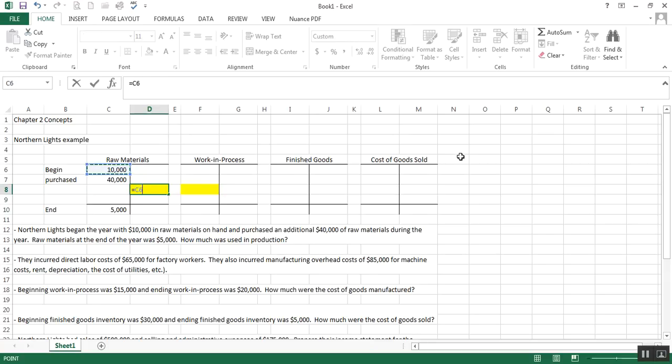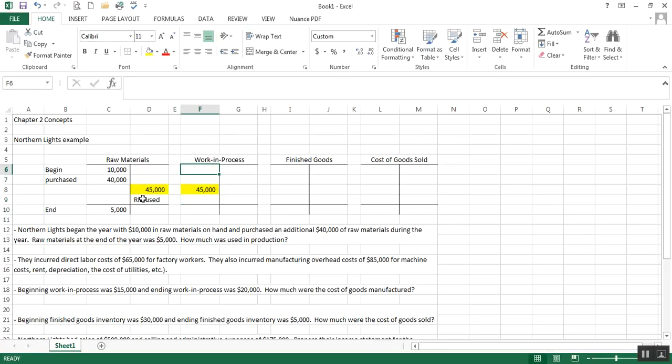It's basically going to be your beginning inventory plus what you purchased during the year minus what you have at the end of the period. In order for this to foot to $5,000, this needs to be $45,000. So this is what we refer to as your raw materials used in production. And once you credit it to raw materials, you would debit it to work in process.